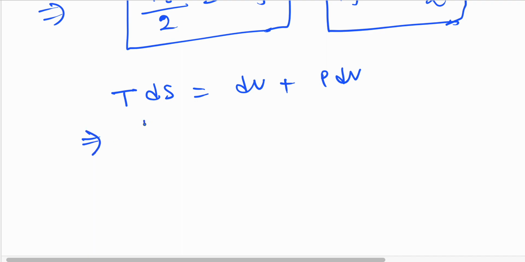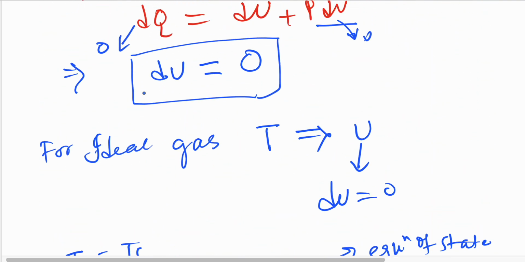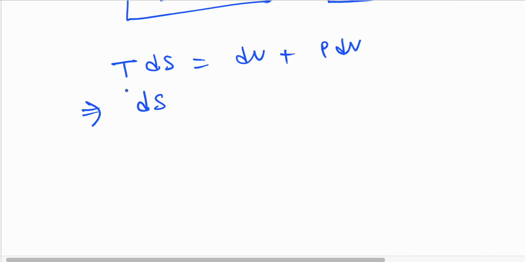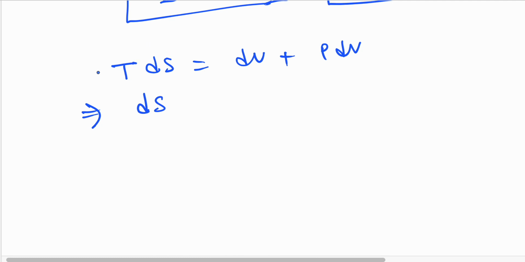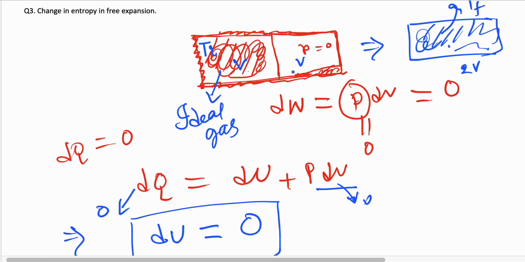That means the change here, obviously, this TdS, whenever I write, since dq is 0 for this process, where there is no exchange of heat, but TdS means it is the heat required for the same process when you just go by this process reversibly.